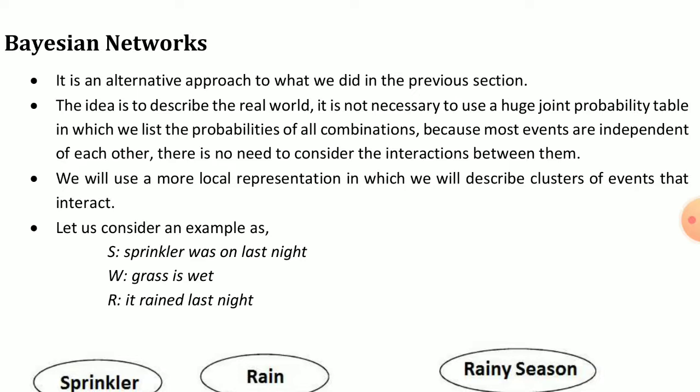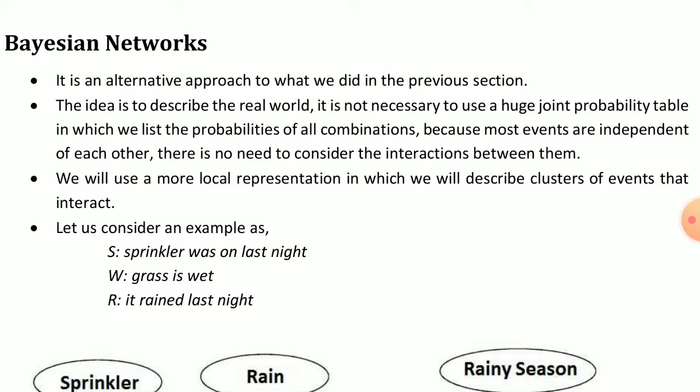Now we will use a more local representation in which we will describe clusters of events that interact. Here we can use the local representation, meaning we can take one example and represent all the elements.